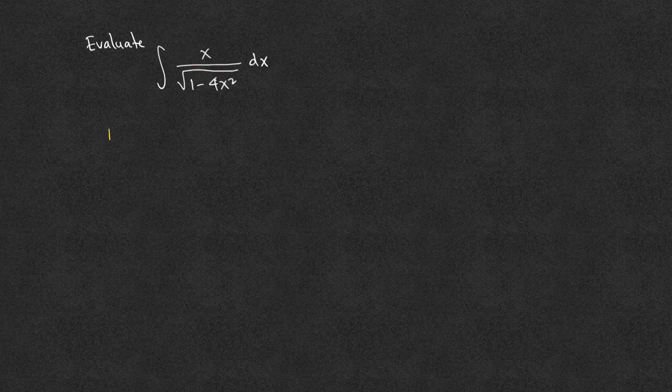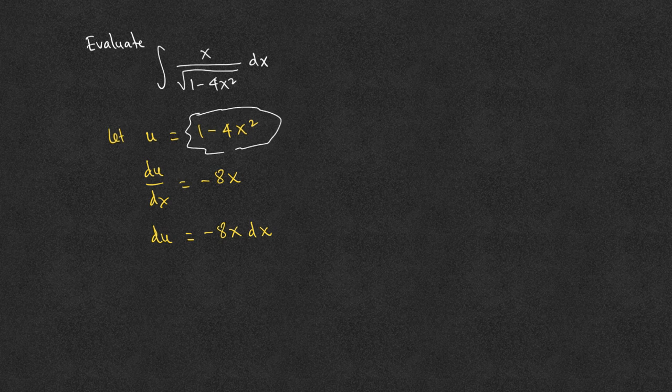We let u be only the inner function 1 minus 4x squared. Then du/dx is negative 8x. The differential du is therefore negative 8x dx. And we see that we can substitute 1 minus 4x squared with u.